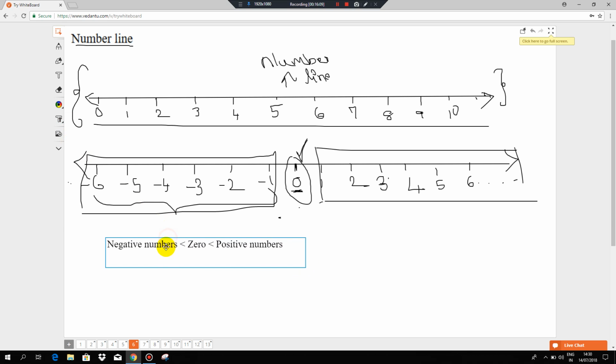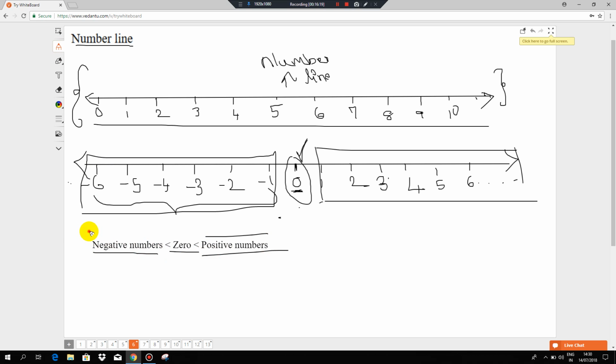Okay, this is an easy way of remembering. Positive numbers are always greater than 0, and 0 is always greater than negative numbers.